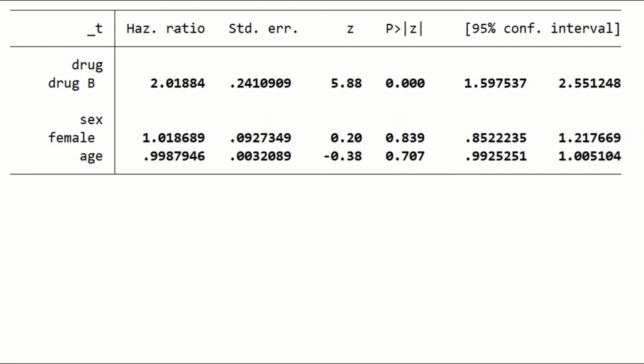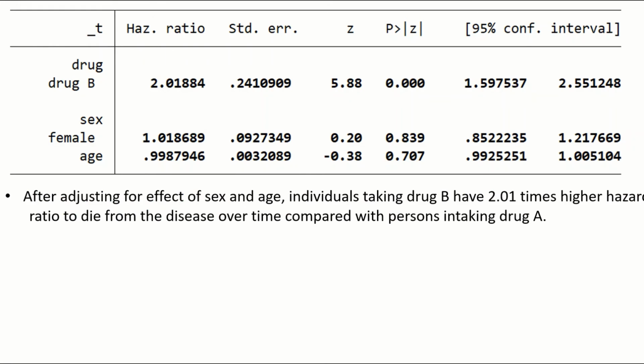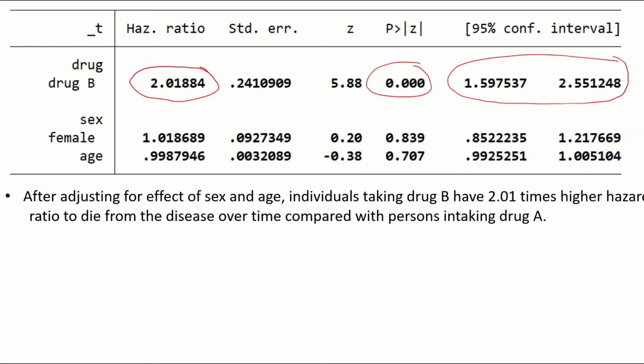This stands for hazard ratio, and then a p-value is given here, and a 95% confidence interval for the hazard ratio. The most important values to consider in the table are the hazard ratio, the p-value, and the 95% confidence interval.